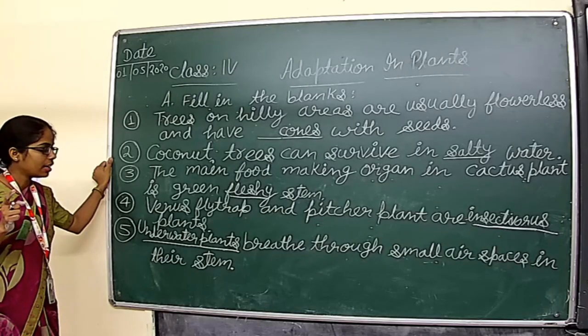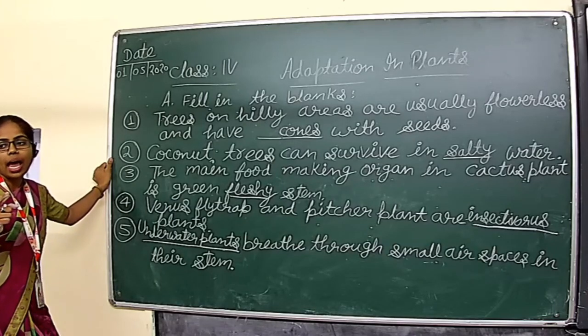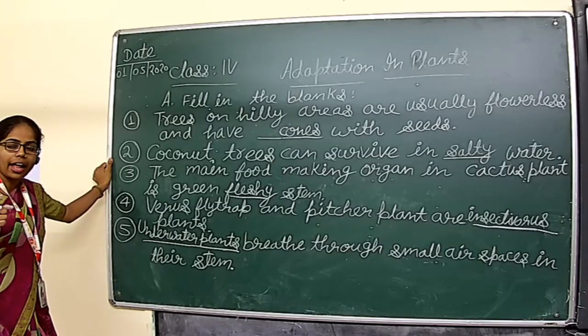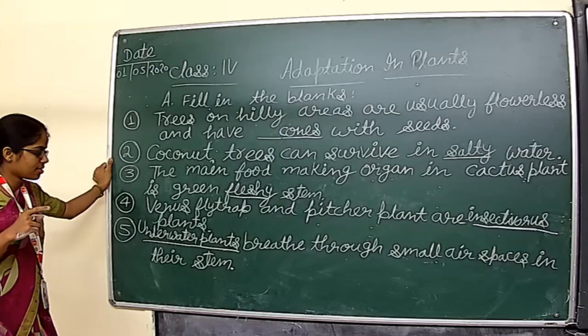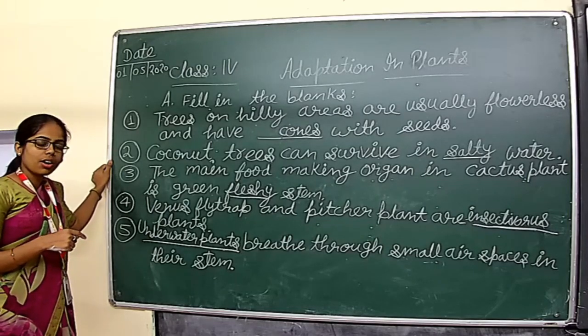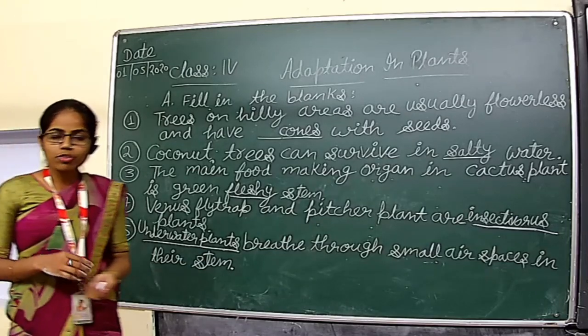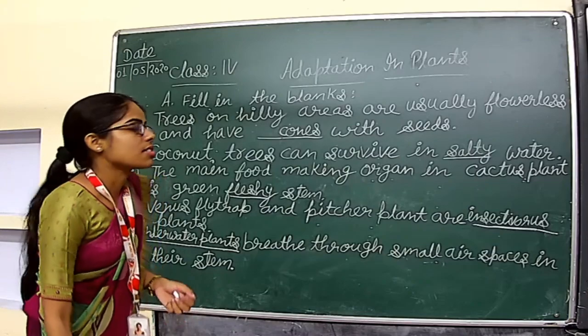UNDERWATER. This is underwater. Now plants. PLANTS. This is the last answer. Now I think you might have written all this. Now we will move on to the next question.